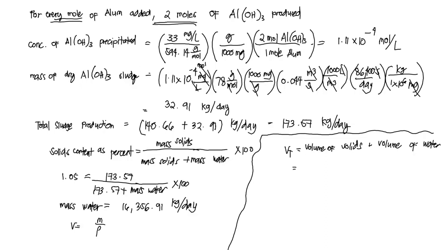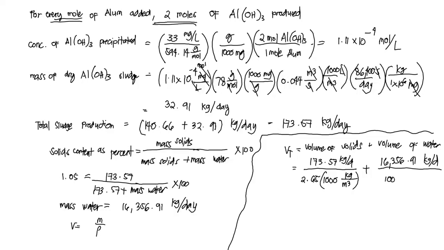We have the mass of solids, 173.57 kilograms per day, divided by 2.65 for the specific gravity times the density of water, 1000 kilograms per cubic meter, plus the mass of the water, 16,356.91 kilograms per day, divided by the density of the water, 1000 kilograms per cubic meter.